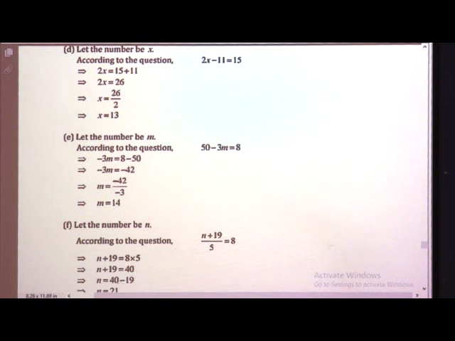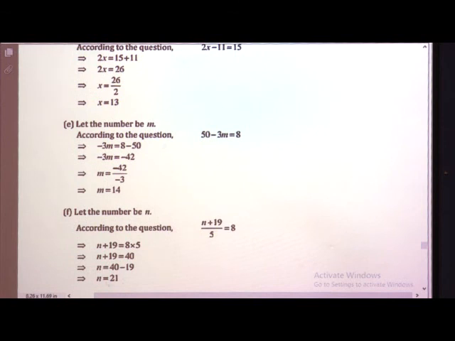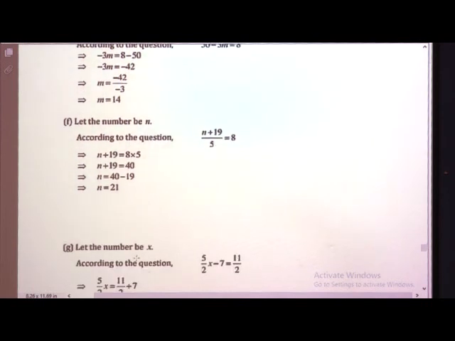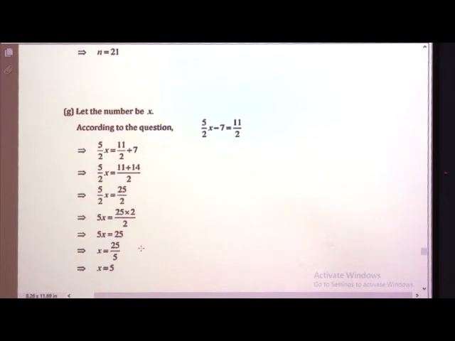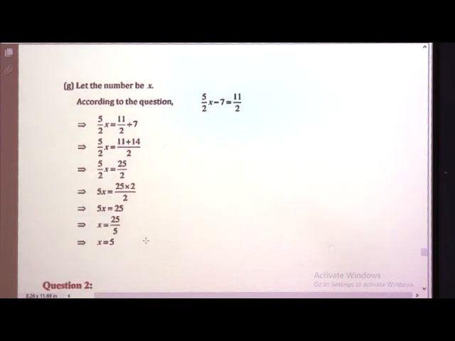So, n is equal to 40 minus 19. After subtraction, n will be 21. In this way we took various statements, formed equations, and found the value of each variable. We will see one more example, then we will skip to another question.